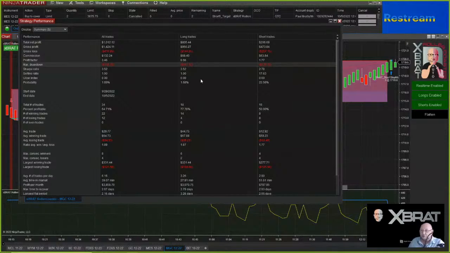Okay, average losing trade 64.73. Again, you don't really need to do this till the end of the week. Okay, max consec winners 8. Max consec losers 4.